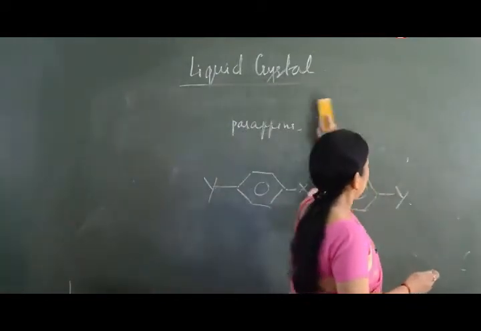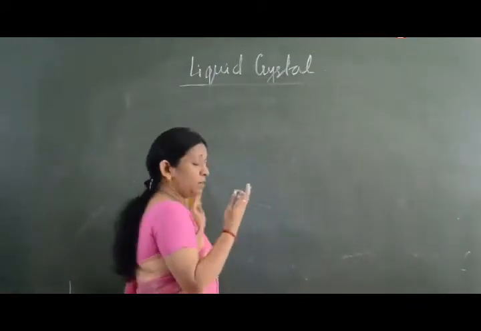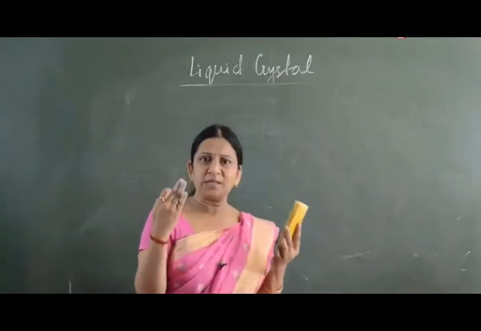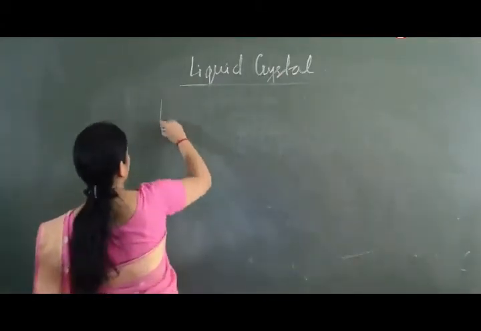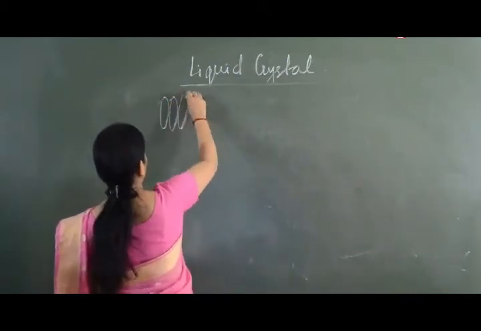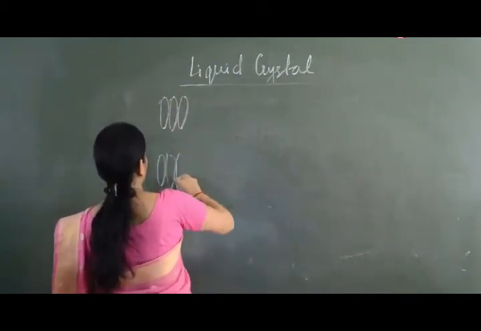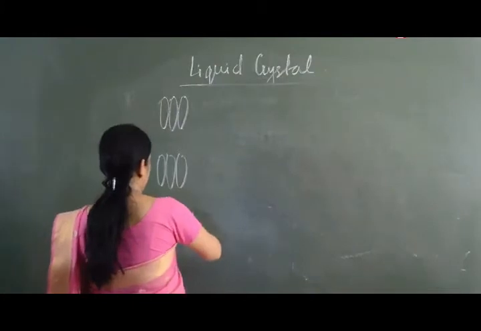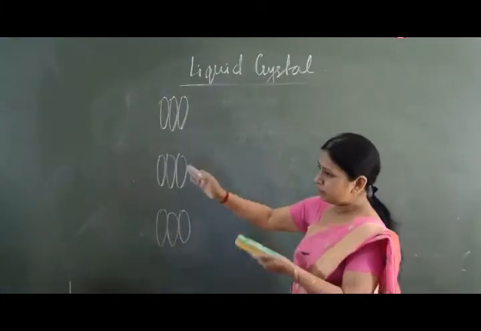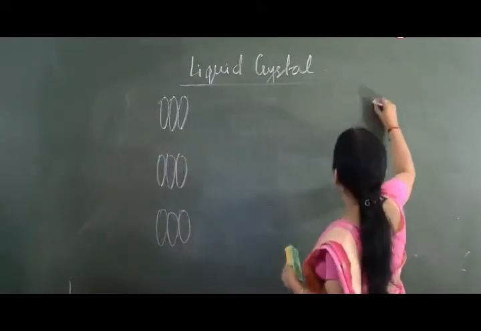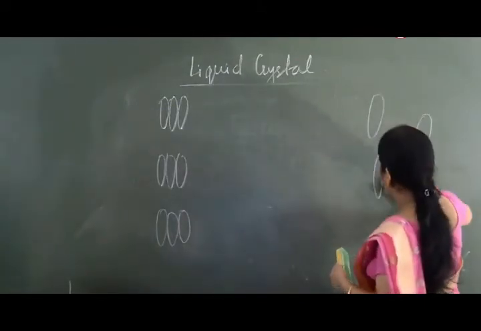Now what makes a substance behave as a liquid crystal, and what is the importance? If we consider the structure of solid, this is the solid. It has a layered structure and the particles have a definite arrangement. Now if we make an arrangement of liquid, this is the liquid structure.